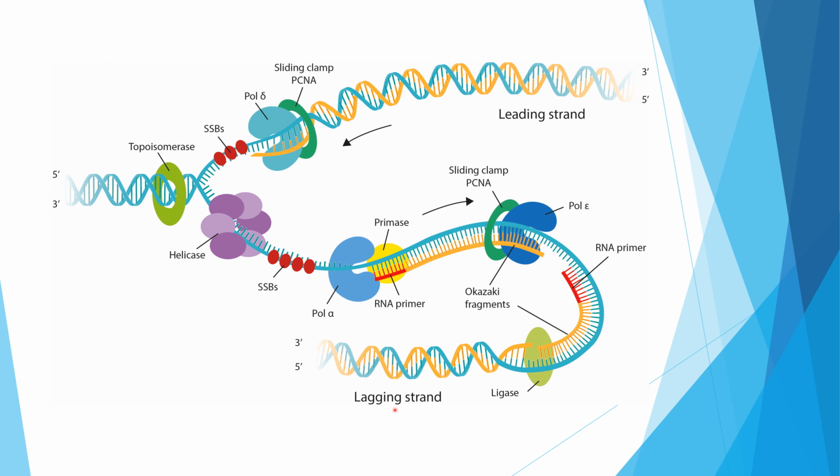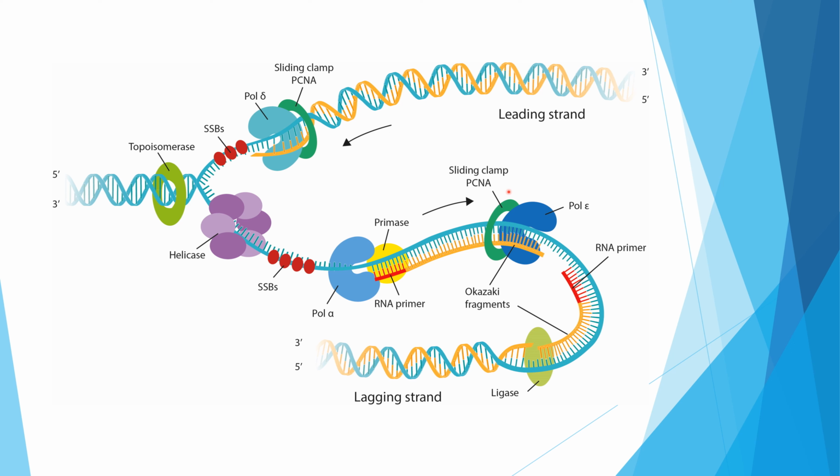If we talk about the replication on the lagging strand, the primase enzyme is involved in the synthesis of the RNA primer. This one is polymerase alpha, which is responsible for initiation of replication at the regions of replication on both strands.